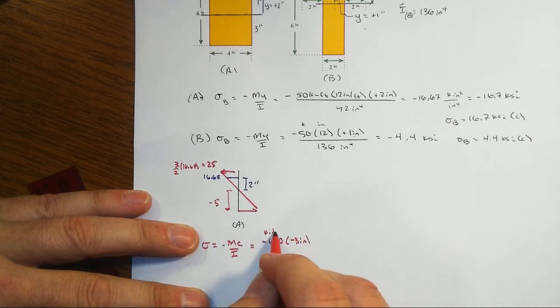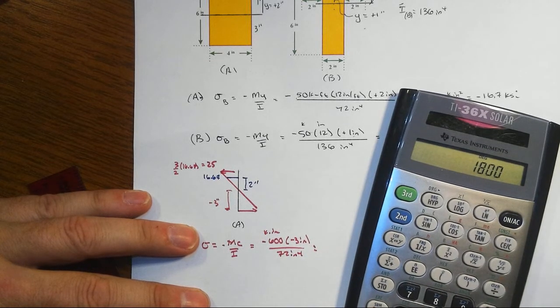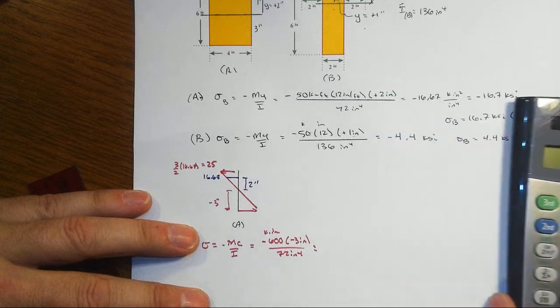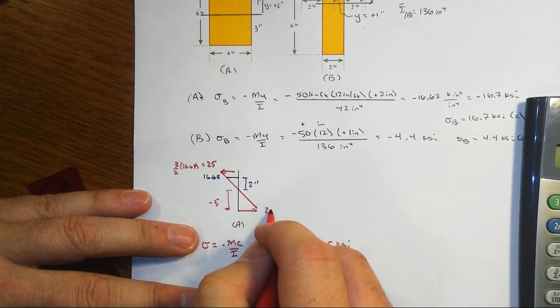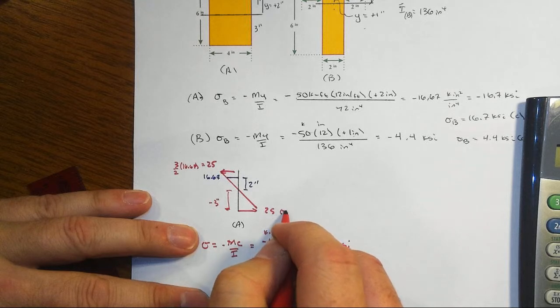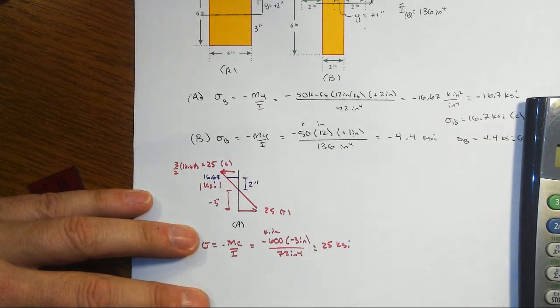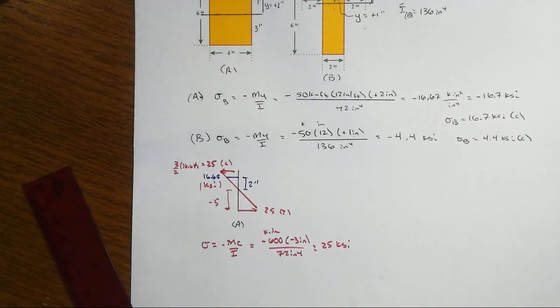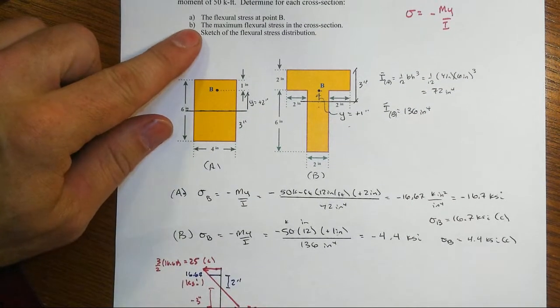Right, so that was kip inches, all over the 72 inches to the fourth, and so that's going to be 1800 divided by 72, and what do you know, that's 25 KSI again, in tension. Right? So that's that one, a nice symmetric distribution.